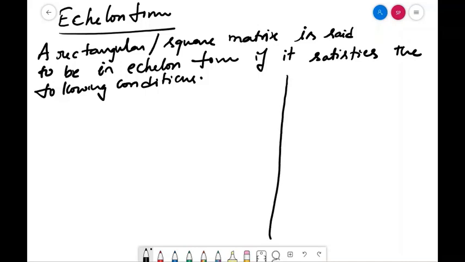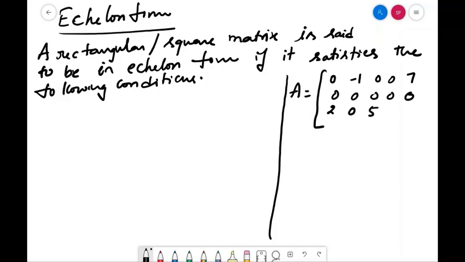Let me take two examples of matrices here. I am taking A as 0, minus 1, 0, 0, 7, 0, 0, 0, 0, 0, 0, 3. Randomly I am taking matrices. It can be a rectangular matrix or a square matrix.